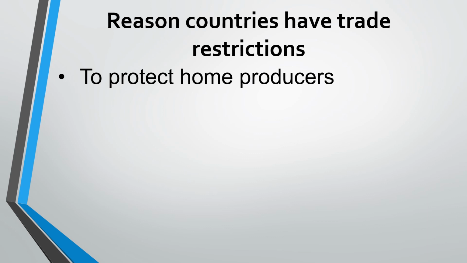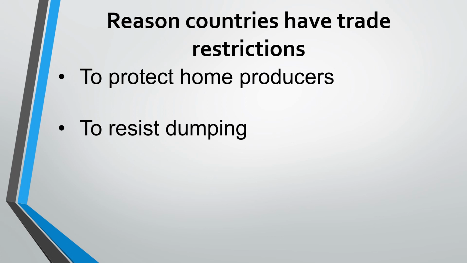Another reason why some countries may impose trade restrictions is to resist dumping. When I say dumping, I mean selling goods at a loss abroad. Some countries dump goods abroad either to reduce supplies at home or to increase their share of the market overseas in other countries.